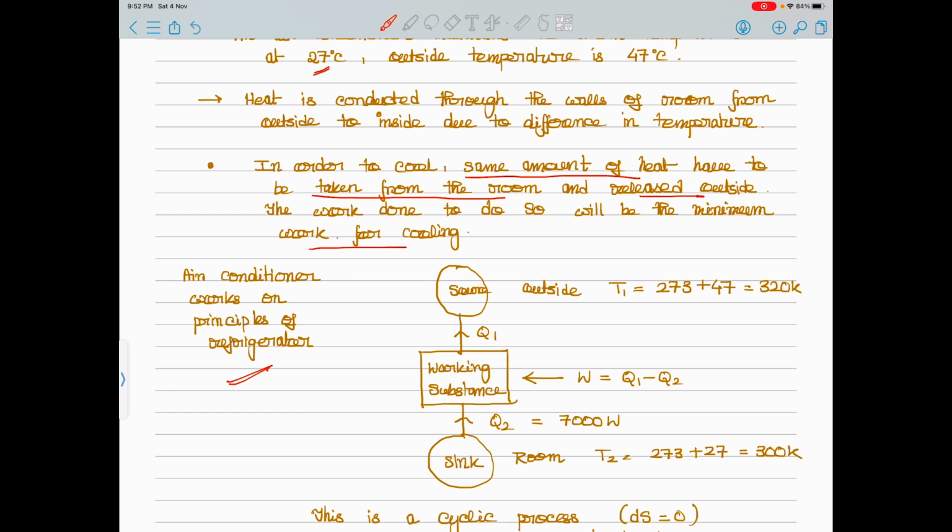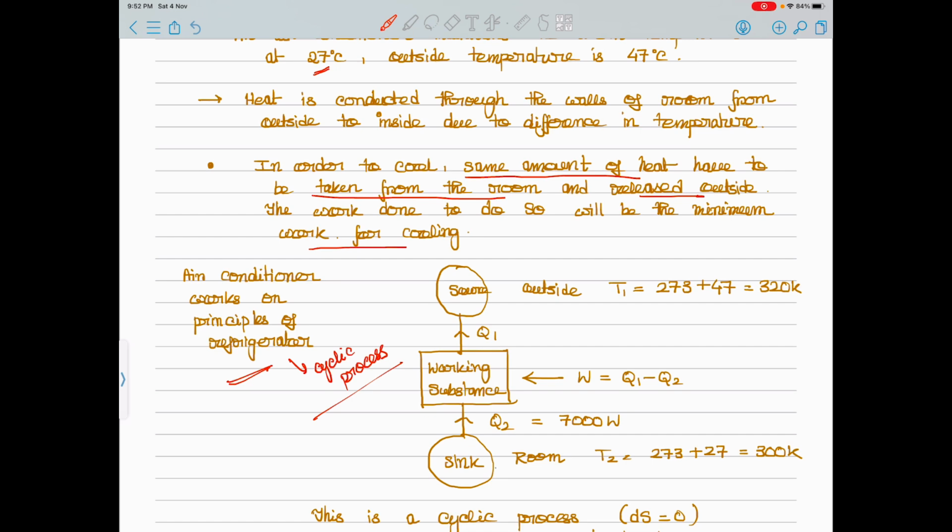It is also a cyclic process. From the sink, Q2 amount of heat will be taken up by the working substance, and the compressor will do some work which will carry this Q2 amount of heat and cool this particular sink.